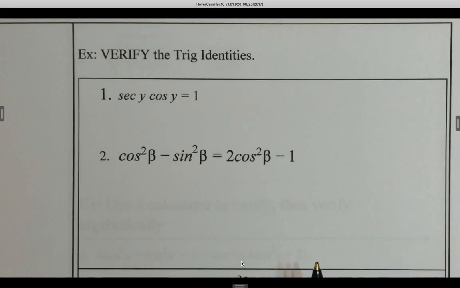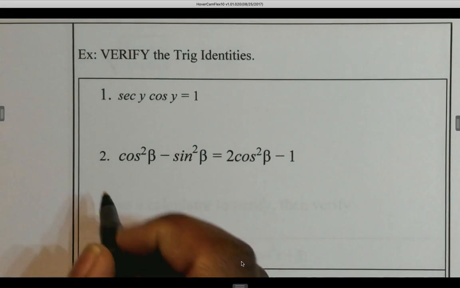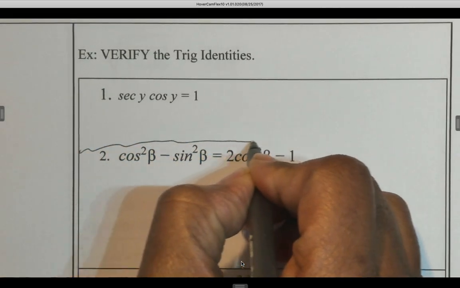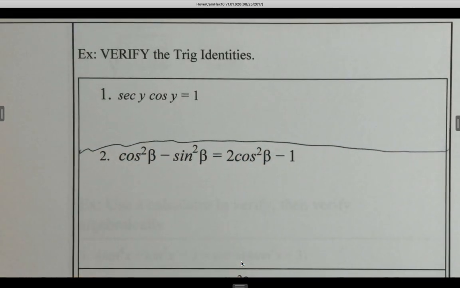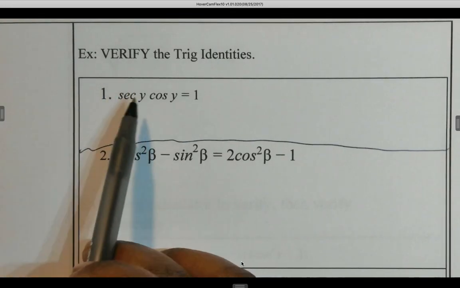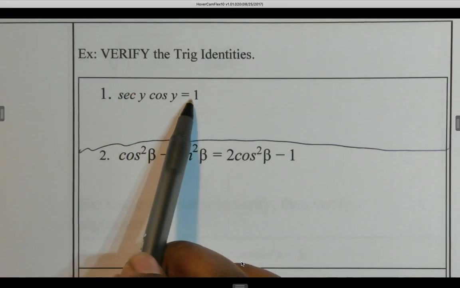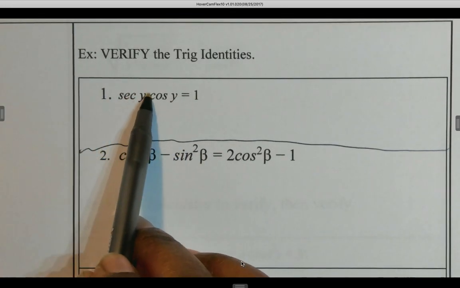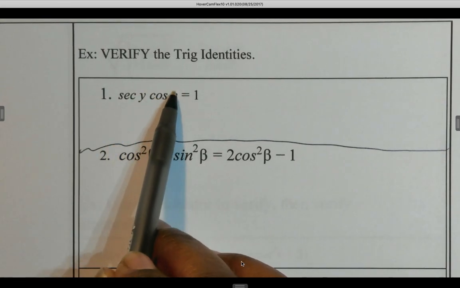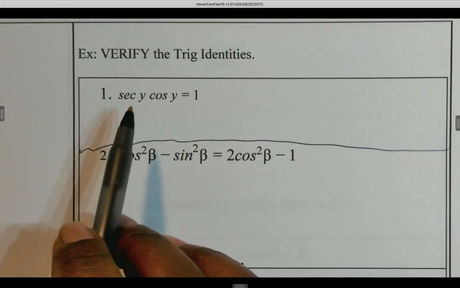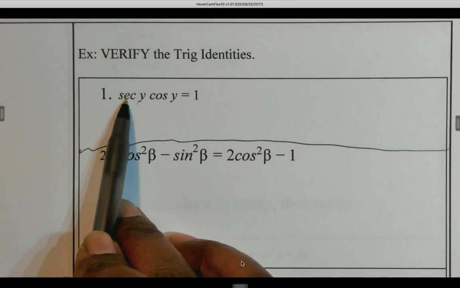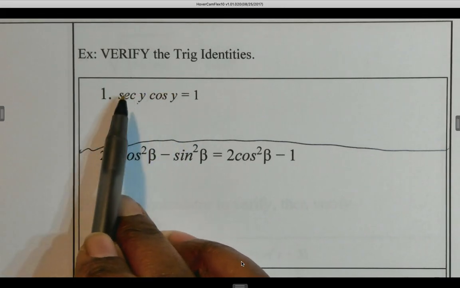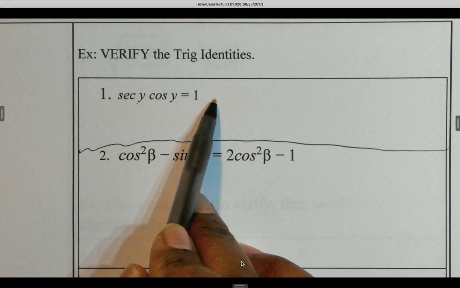All right, so our first example says verify the trig identities. And we have secant y times cosine y equals 1. So in this case, our theta, our angle, is labeled as y. Remember, any variable is fine to use for your angle. So secant times cosine equals 1.